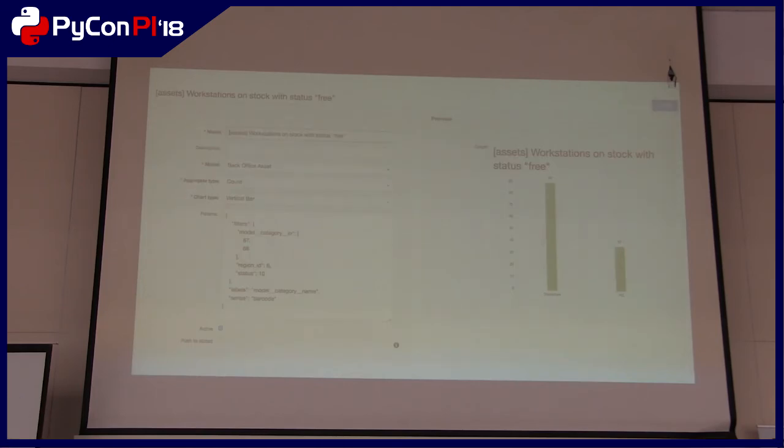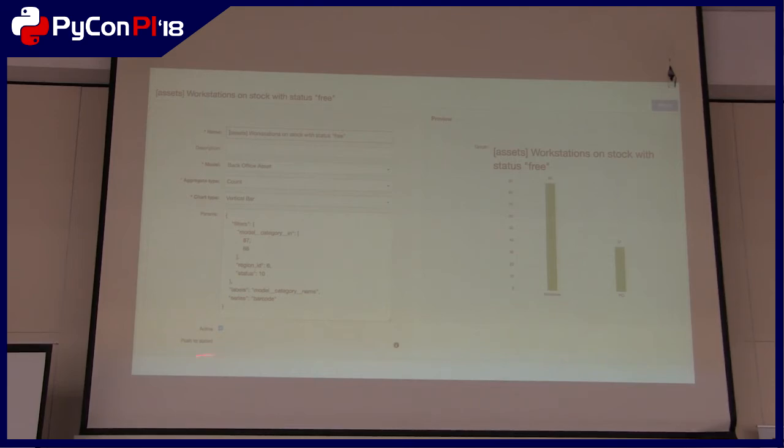And how do we define it? We have a simple form where we could select the model, some aggregation type of the chart, and here is the whole magic that is going on here. We could specify, as I said, an ORM-like query to filter or specify the x-axis and y-axis on the chart.